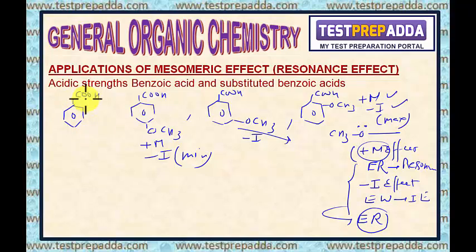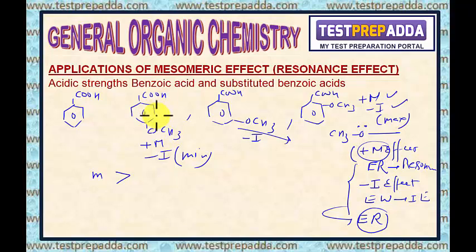Here we do not have any plus M or minus I of the substituent. So out of these four, only in case of meta you are finding net electron withdrawing effect. So this should be the most acidic among all methoxy. So we should get the order as this meta isomer should be more acidic.